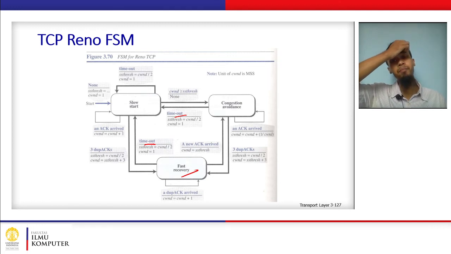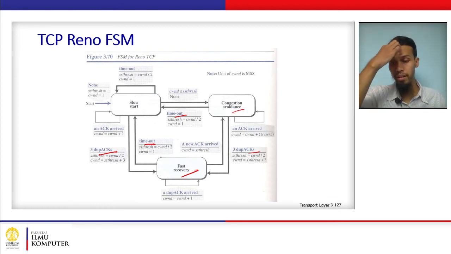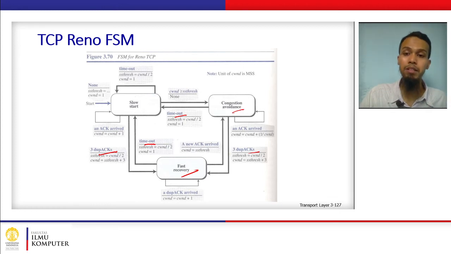Okay, now if the packet loss is detected by the triple duplicate ACK, then we go to the fast recovery state. Whether we are in the slow start or in the congestion avoidance stage, if there is a triple duplicate ACK, then we always go to the fast recovery state.